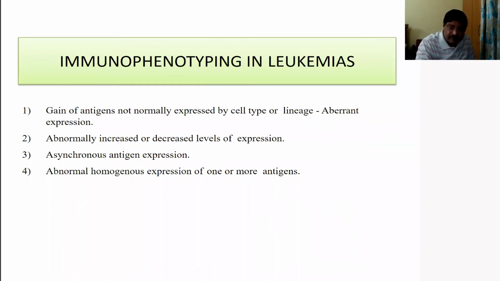Sometimes you'll have loss of antigens, like sometimes you have loss of CD10, sometimes loss of CD15, loss of many of the markers as the patient gets treated. You can have abnormal homogeneous expression of one or more antigens. So based on all these morphologic features and immunophenotypic characteristics, you can make a diagnosis and can detect abnormal populations in flow cytometry. Next.